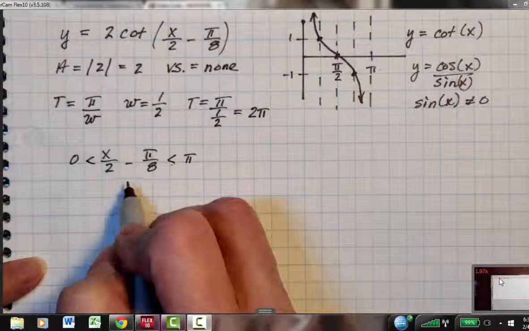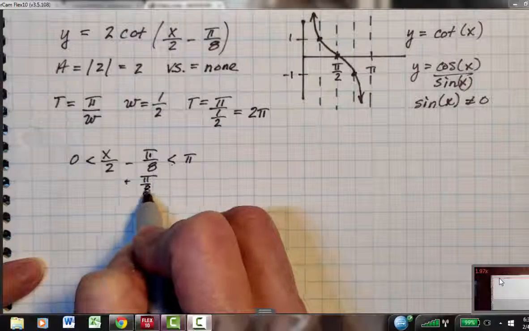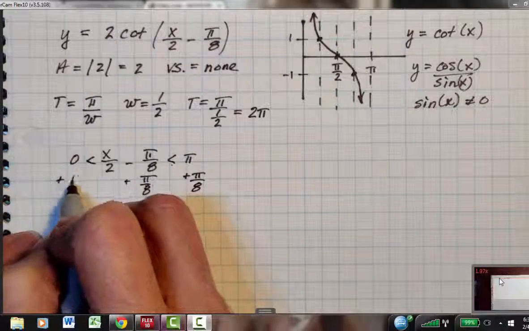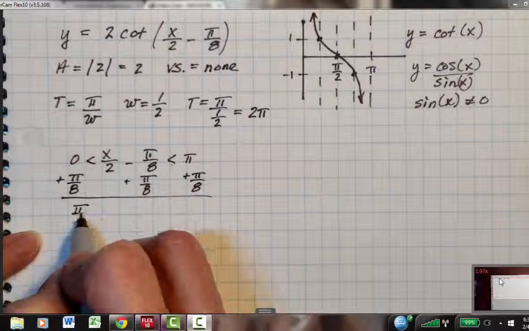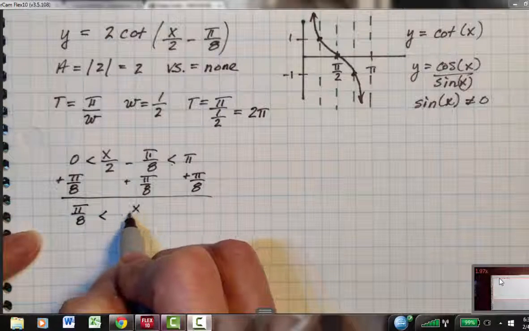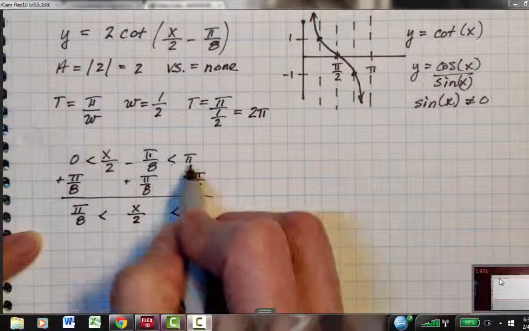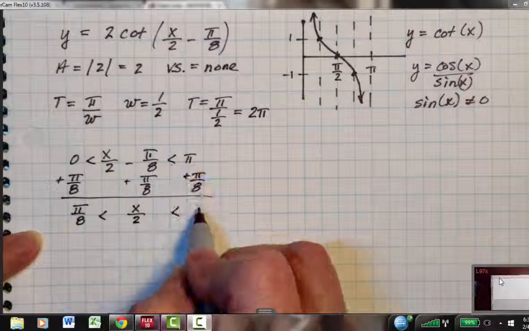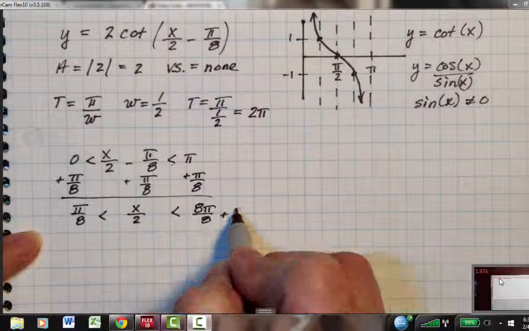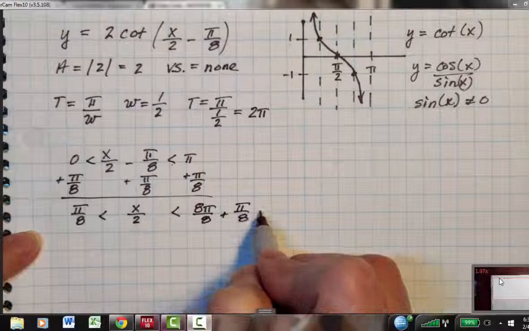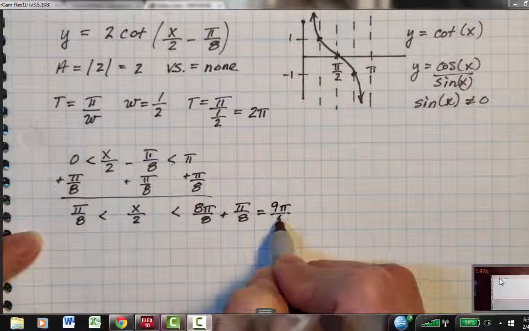So I'm going to go ahead and add pi over 8 to all sides of my inequality, and I end up with pi over 8 is less than x over 2, which is less than pi plus pi over 8. So pi becomes 8 pi over 8 plus pi over 8, which gives me 9 pi over 8.